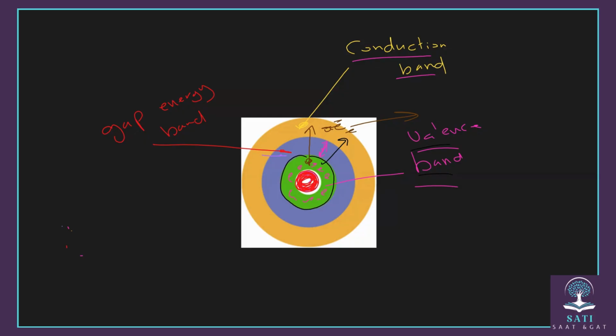Okay, what about insulators? Insulators have a big gap energy band. It is like a wall, like a layer that prevents electrons from going from the valence band into the conduction band. And the greater the gap energy, the harder it is for the material to be a conductor.